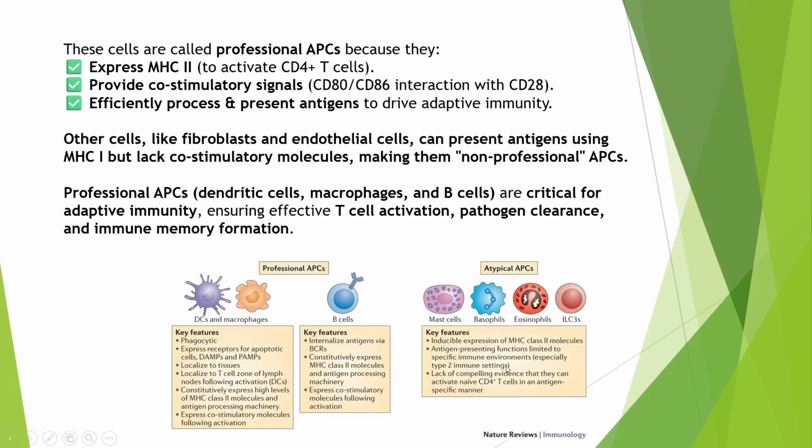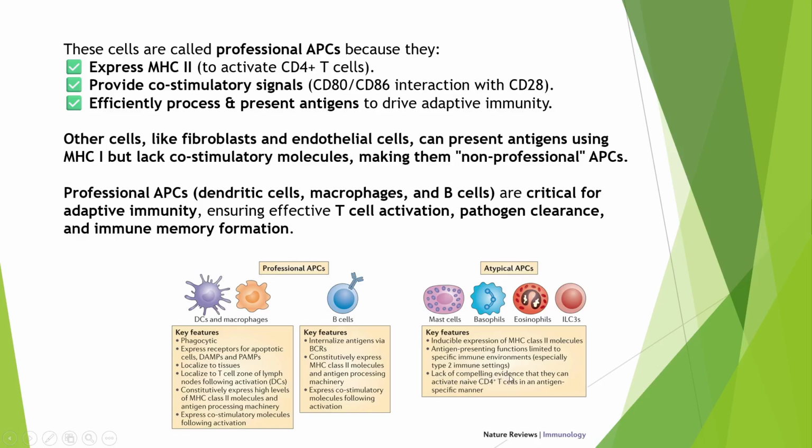Then atypical APCs, for example, mast cells, basophils, eosinophils, ILC3s, etc., they have inducible expression of class 2, but non-professional cells have class 1. They can use class 1 and lack co-stimulatory molecules. For atypical APCs, antigen presenting function is limited to specific immune environments only, especially in type 2 immune settings.